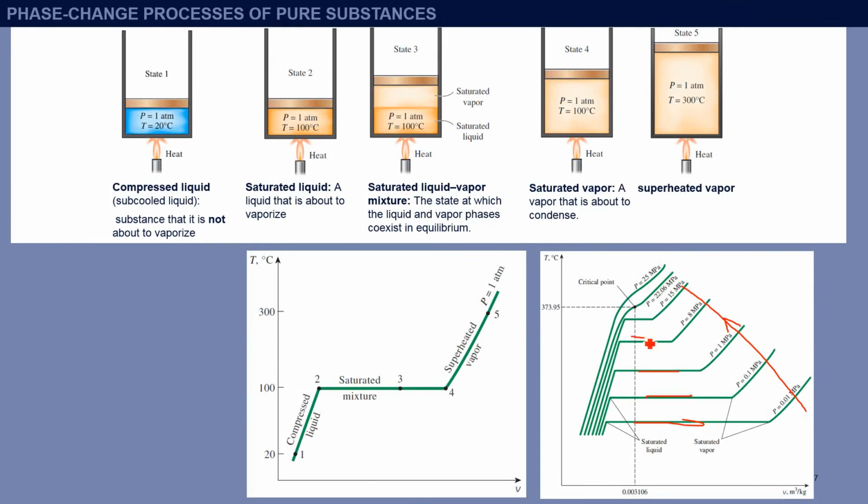So you can see with the increase in pressure, you have an increasing boiling temperature. At some point, at very high pressure especially, you wouldn't be able to see a saturated liquid vapor mixture. Instead, when you are heating from compressed liquid, you will see saturated liquid, and suddenly it will become saturated vapor and superheated vapor.